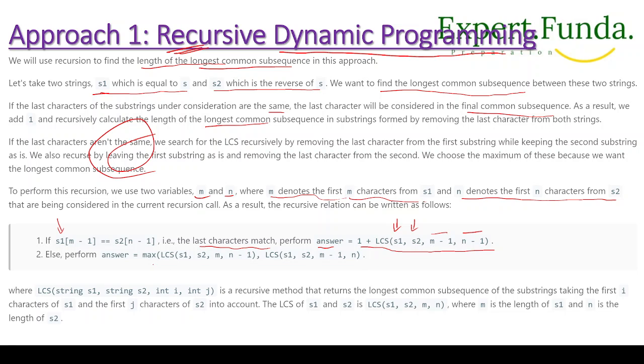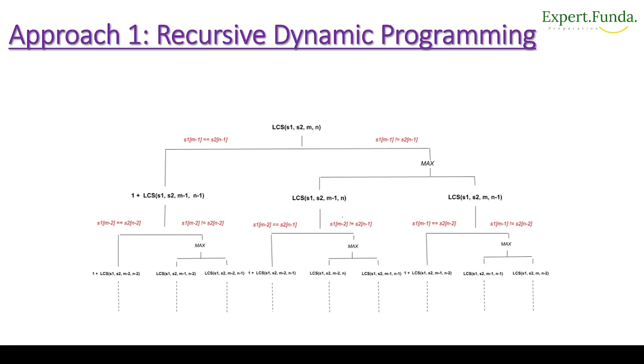Else, if the last characters are not matching, we have to find our answer based on which is maximum, either m and n minus 1, or m minus 1 and n. Last time I already explained this one, so no need to worry about it.